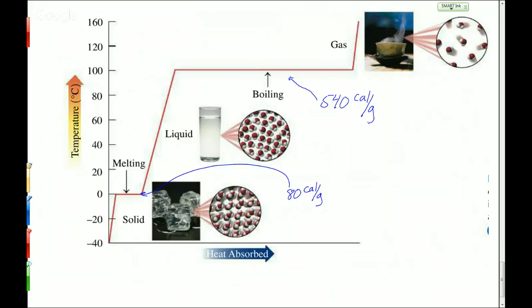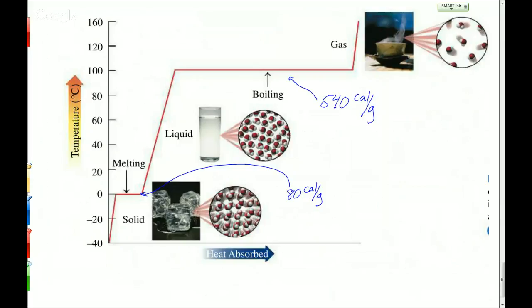So if we want to take this up 100 degrees, it takes 100 calories. But then it takes more than 5 times that to boil that same amount of water. Without changing the temperature, it takes more than 5 times to boil it. And so that's a lot of energy. So it takes way more energy to change the state than to actually change the temperature.